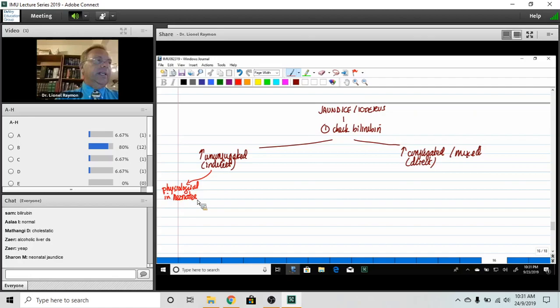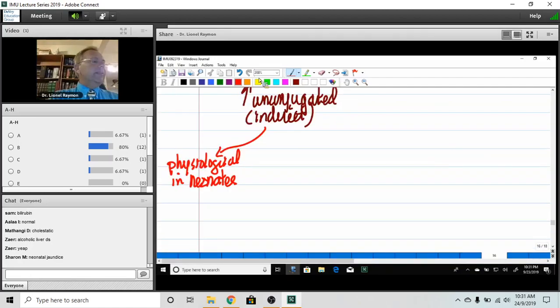So maybe I'm more excited about what's not physiological. Similar to this, it could be some genetic diseases where there's a problem with UDP glucuronidase, right?